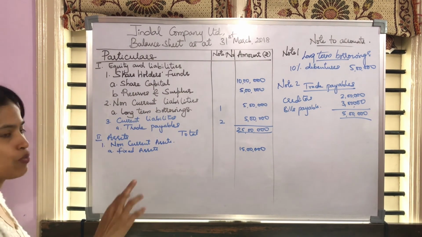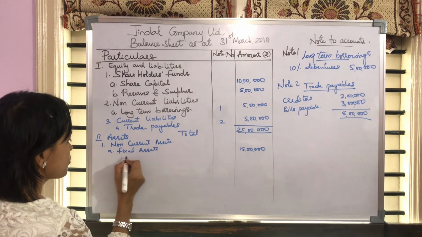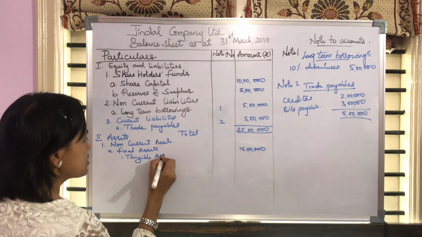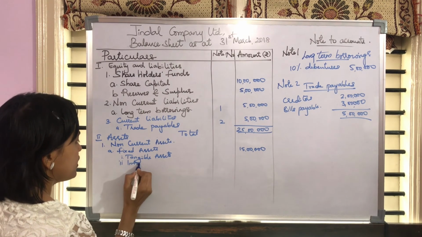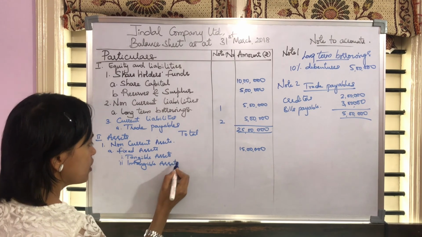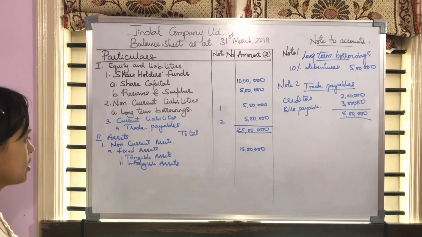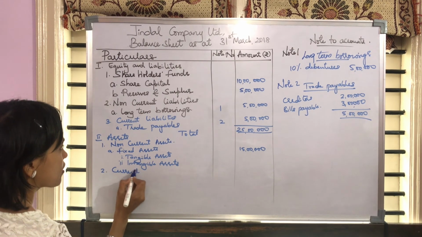Under fixed assets, we have two more subheadings, that is called tangible assets, intangible assets. No information is being given, so kindly leave it blank, students. The second heading is current assets.